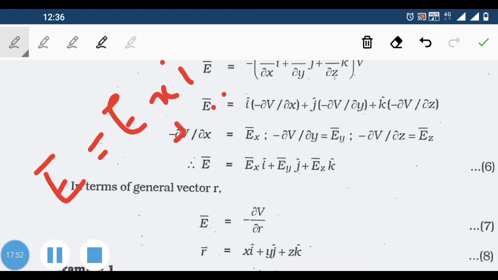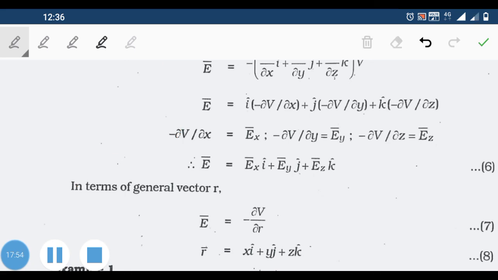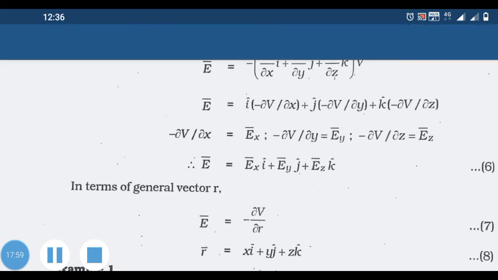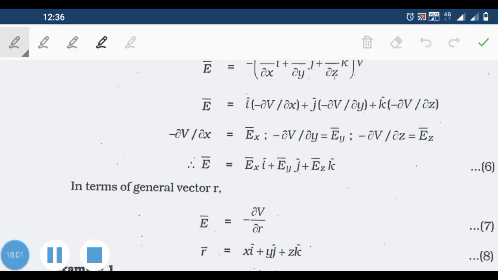Comparing the coefficients, you will get Ex is equal to minus dou V by dou x, Ey is equal to minus dou V by dou y, and Ez is equal to minus dou V by dou z. Therefore, E is equal to Ex i plus Ey j plus Ez k.